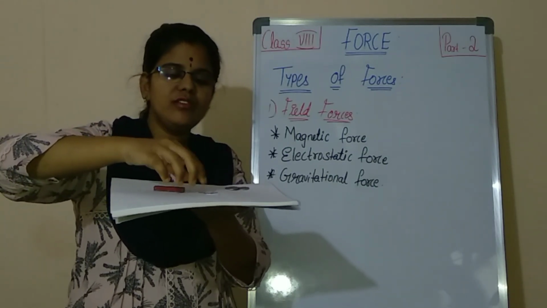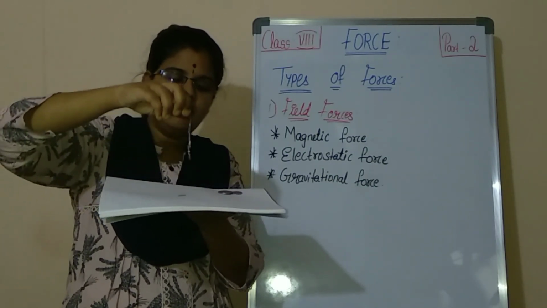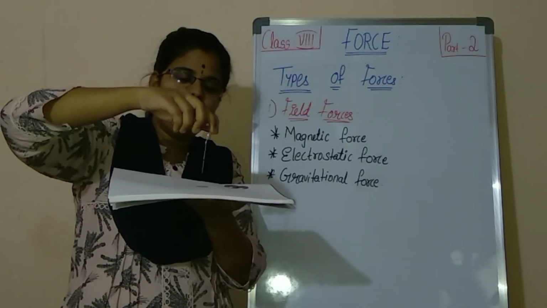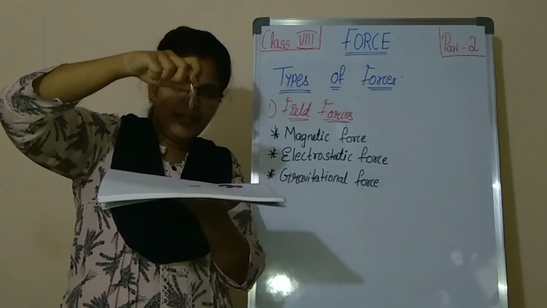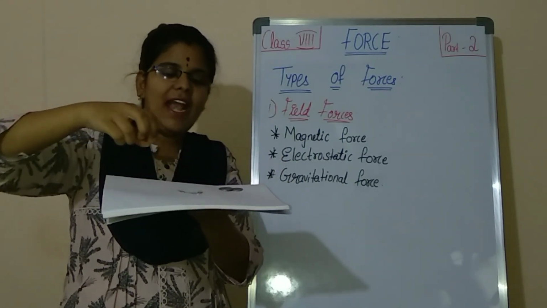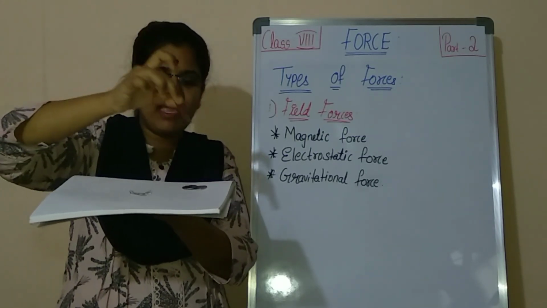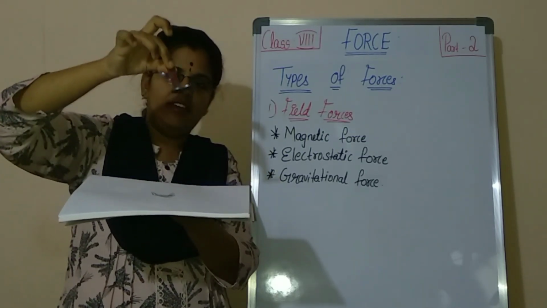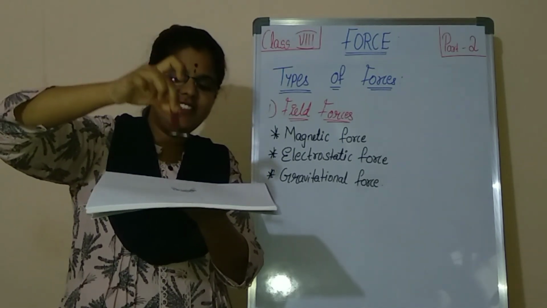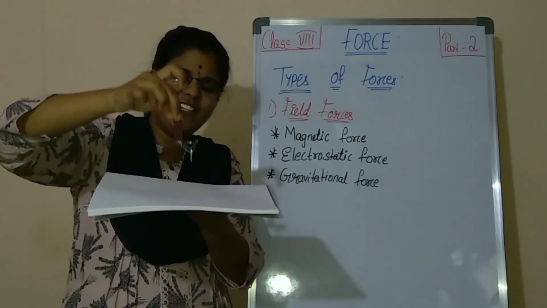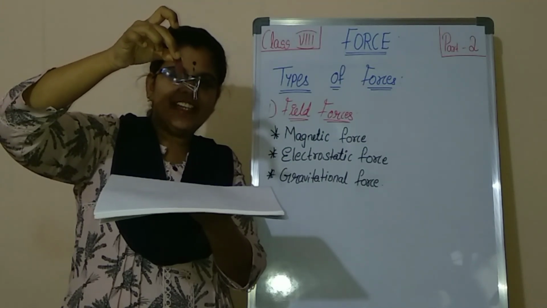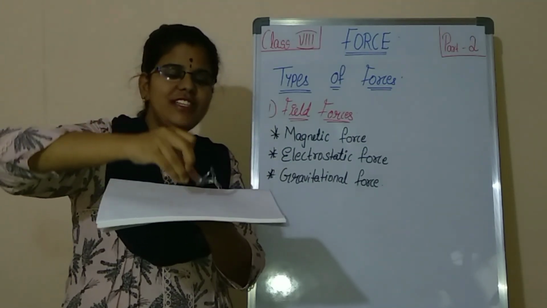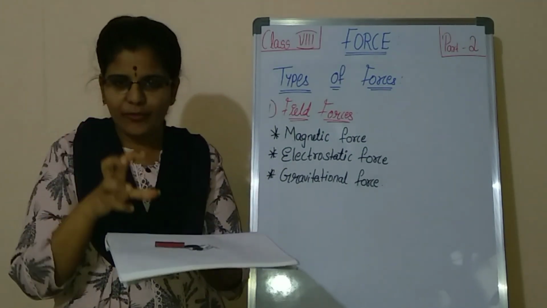We can also observe that it can hold one paper clip to the other paper clip, and this magnet can also hold the coins. See how nicely it is. Like this, these are all getting attached to each other. This is all because of the magnetic force.